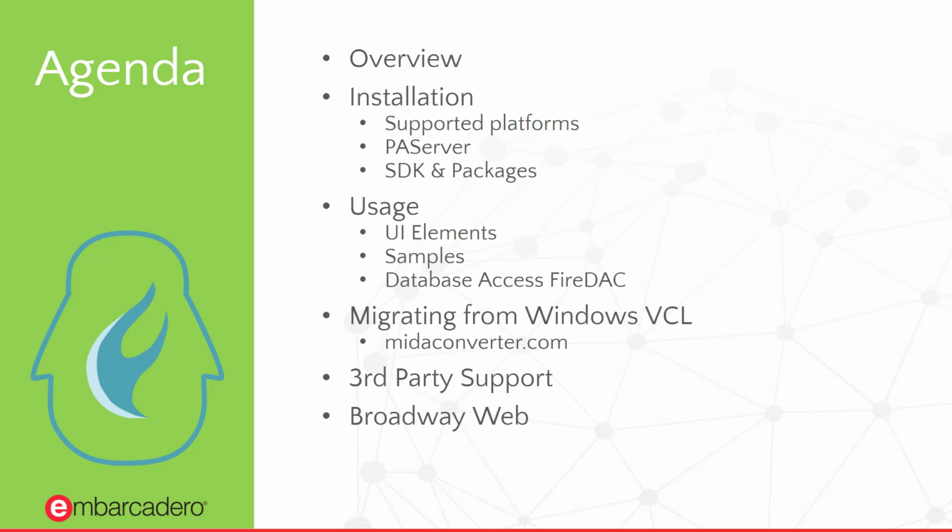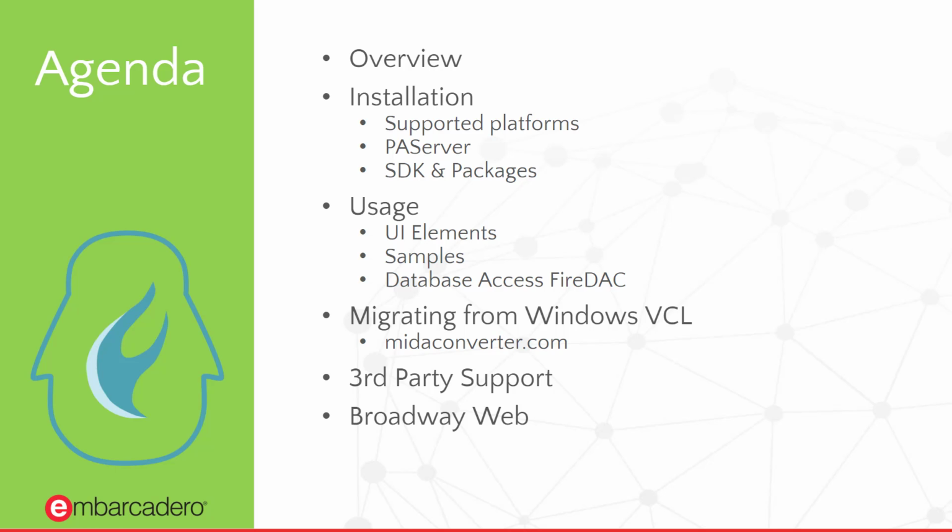For our agenda, we're going to do a little bit of overview and history. Then I'm going to talk to you about the installation, how to get started with using FMX Linux, and then some basic usage. We're going to talk about different UI elements, look at the samples that are included, and touch on the fact that you can use all the existing stuff you already use, like FireDAC, RTL, etc., just like you did with the Delphi for Linux support for server-side development.